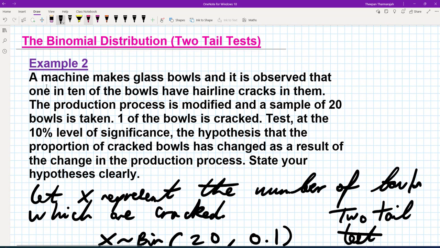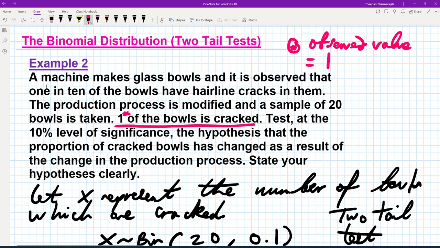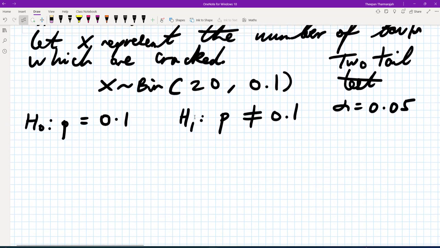They say one of the bowls is cracked. This is our observed value, and I'm going to make it very clear that it is going to be at most 1. So the probability is going to be less than or equal to 1.